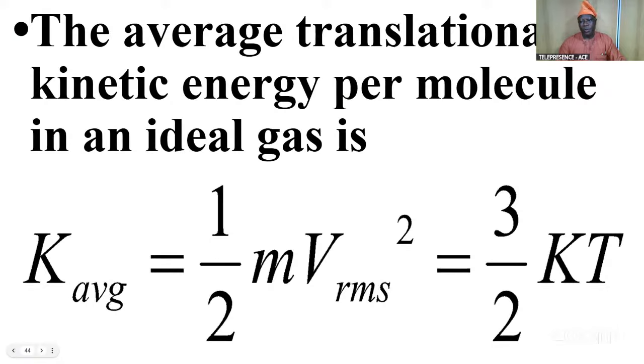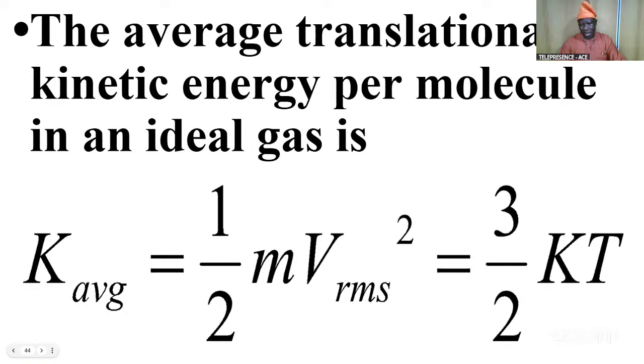Now, the average translational kinetic energy per molecule in an ideal gas gives you this expression. So it's as if we are putting two equations together in one. Sometimes you'll be asked to calculate the mass of the gas.